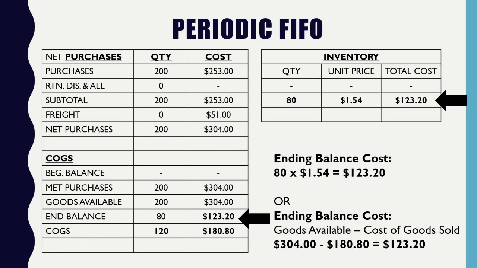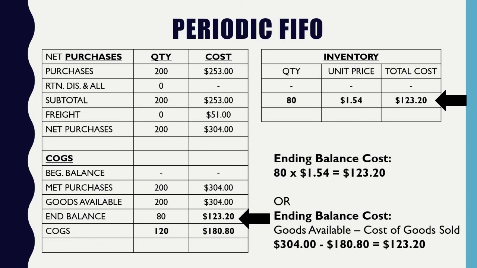You can choose either way that you want to solve it, as long as at the end of the day your ending cost and the cost of goods sold add up to 304. Any questions on how this works?